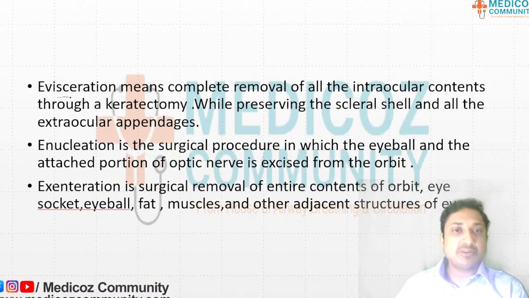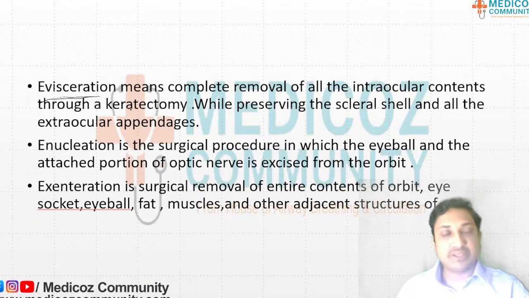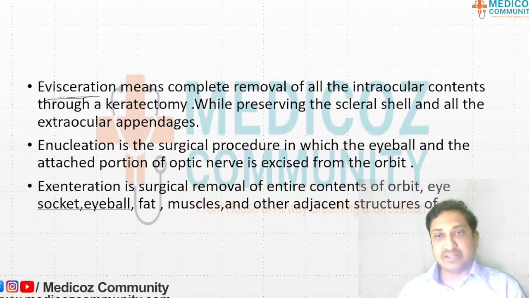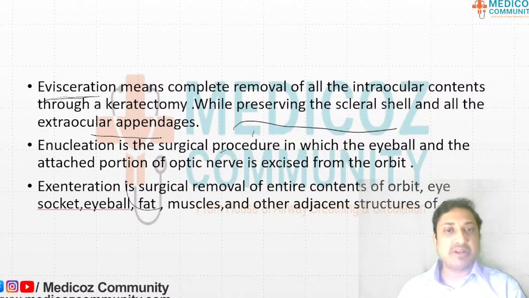So evisceration means complete removal of all the intraocular contents through a keratectomy, that is a corneal incision, making out a corneal button and removing it. But in evisceration, we preserve the scleral shell, which is very important, and all the extraocular appendages are also preserved.